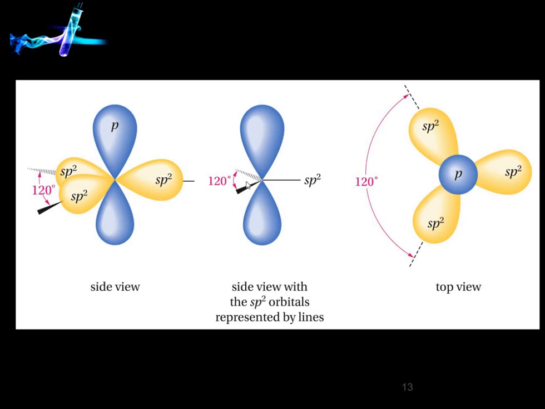So these two p orbitals are lying above and below, and the sp2 orbitals are lying at an angle of 120. This is the top view of the molecule, p orbital in the center, and these sp2 orbitals are present on the sides. This is one of the carbon atoms which is sp2 hybridized.